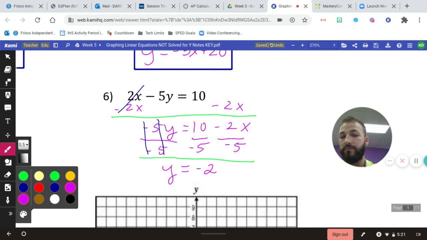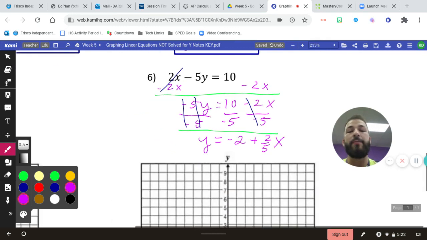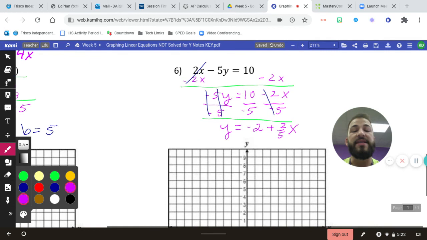Okay. Then here we have negative 2x over negative 5. 5 does not go evenly into 2, so we're still going to have that 2 over 5. But our negatives are going to cancel out, so we do get positive 2 over 5x. Okay. Now, just like last time, this is slope-intercept form, but we can switch the two numbers so it's easier to read.